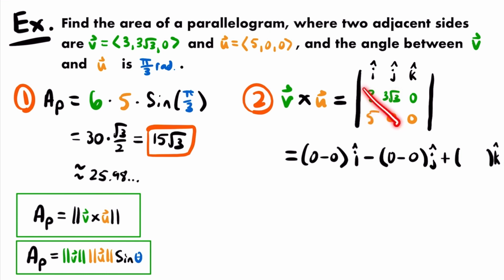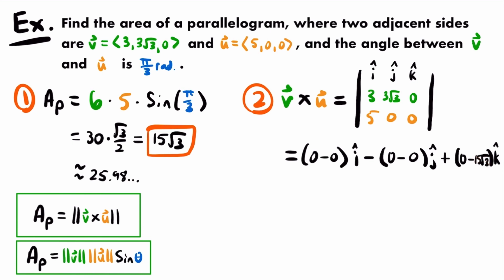So we're going to have 0 minus 3 square roots of 3 times 5. And that will be equal to 0 minus 15 square roots of 3. Okay, 3 times 5 is 15, so multiplying these two values together gives you 15 square roots of 3.